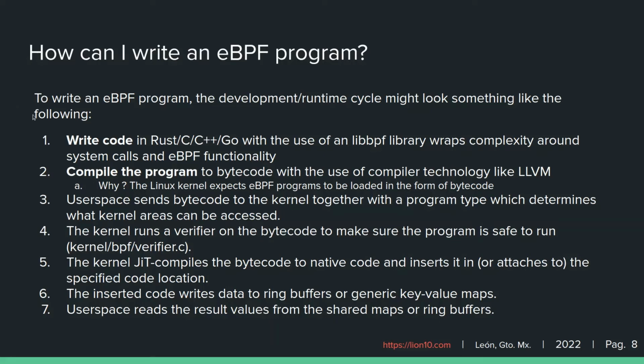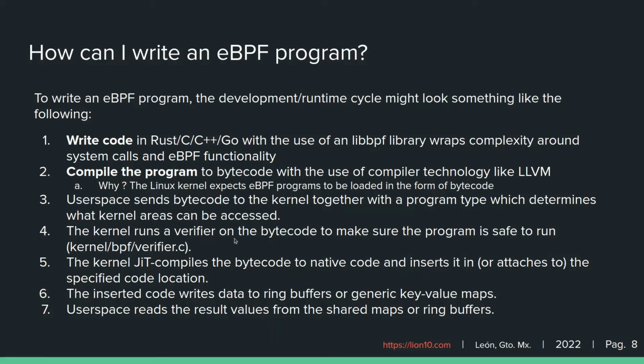This is the only thing we need to worry about as developers. User space sends bytecode to the kernel together with a program type, which determines what kernel areas can be accessed.